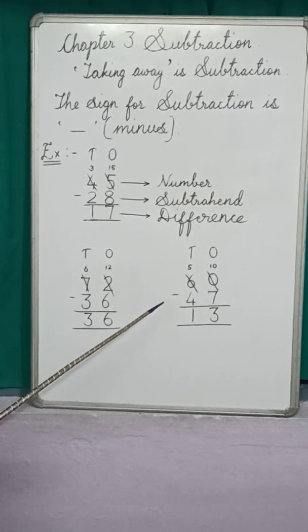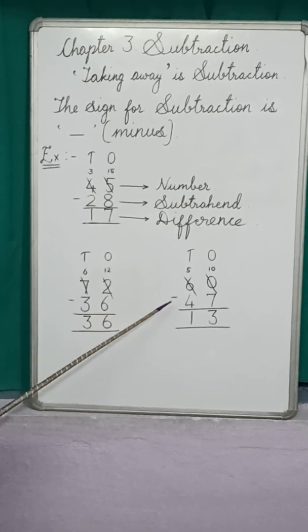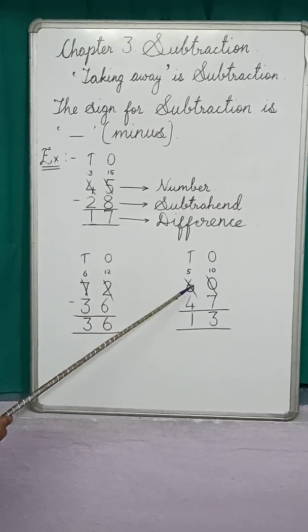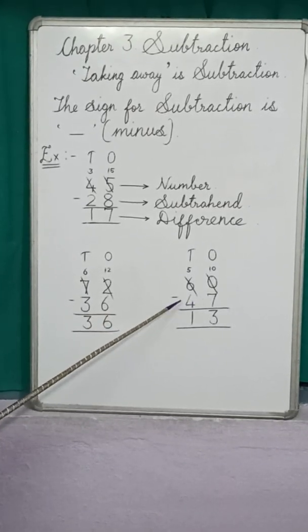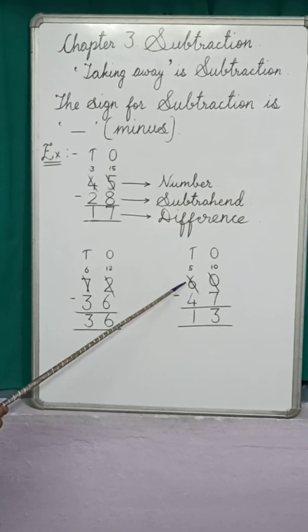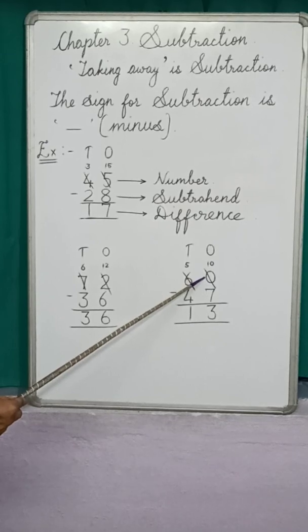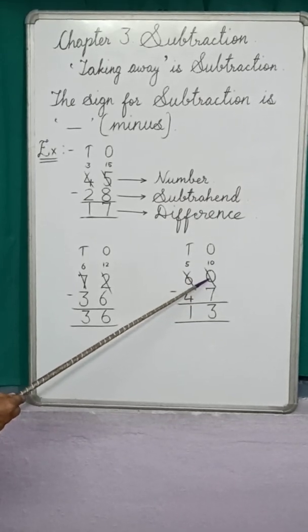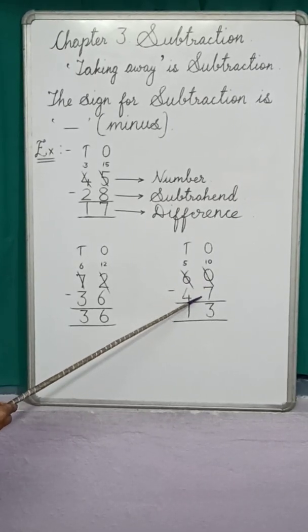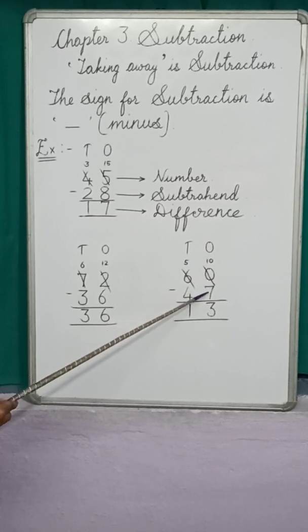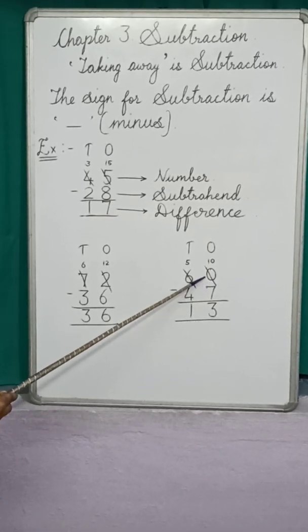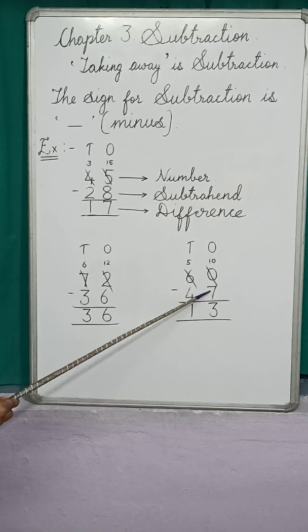Now children, one more example is here. We have two numbers 60 and 47. We have to subtract 47 from 60. Now in the ones place we have this 0 and 7. From 0 we cannot subtract 7 because 0 is smaller than 7. From a smaller number we cannot subtract the bigger number.